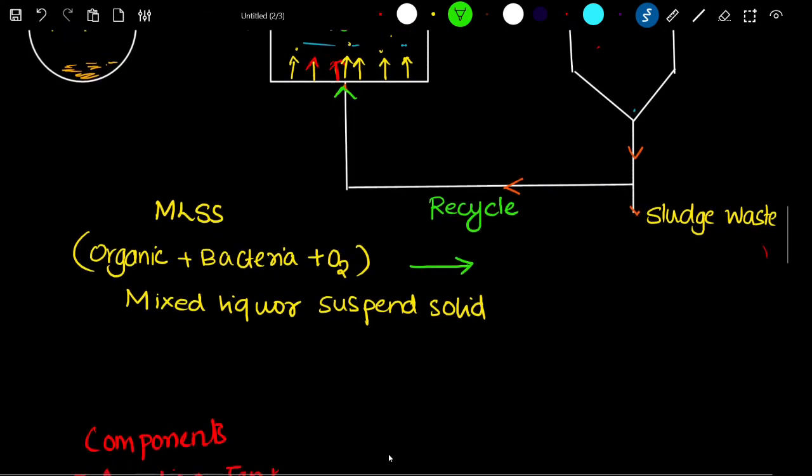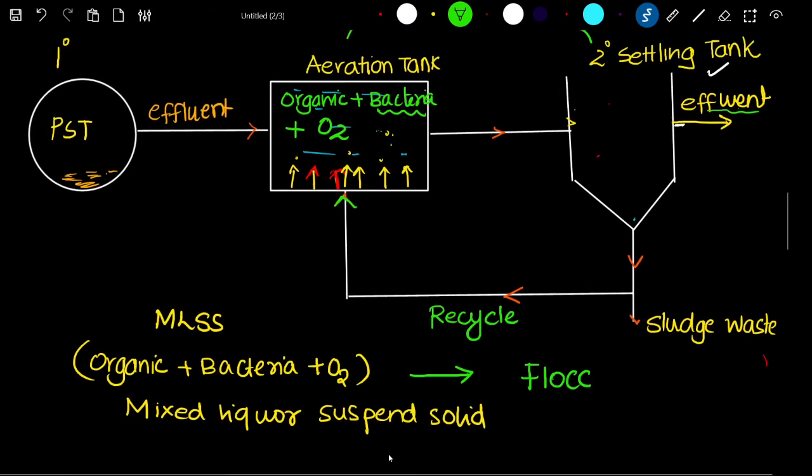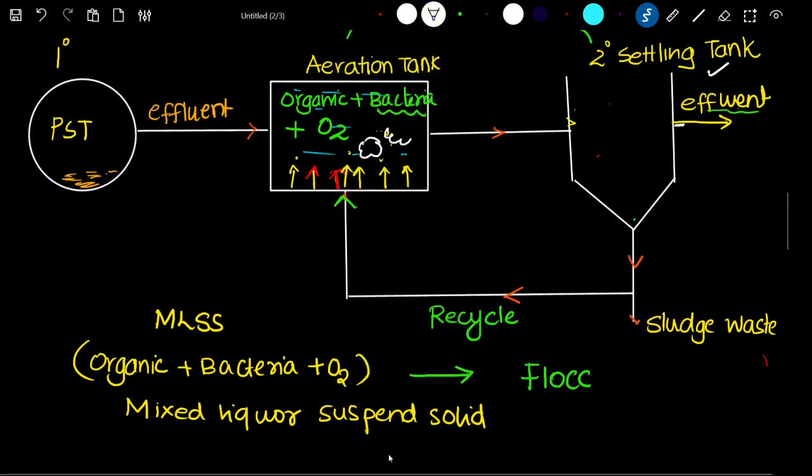Now the bacteria and organic matter and this MLSS will be in turbulence inside this aeration tank. As a result of this reaction, something called flocs will be formed in the aeration tank. As a byproduct of the bacterial reaction, flocs will be formed, and inside the aeration tank these flocs will be in suspension because compressed air is continuously being circulated.